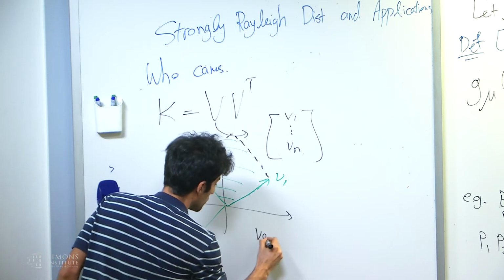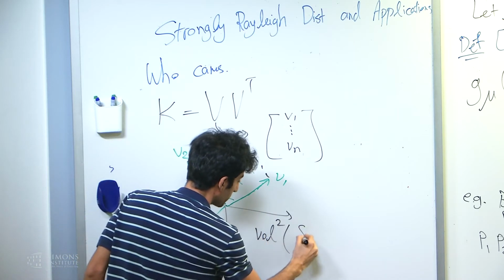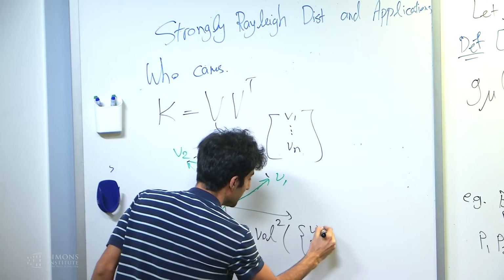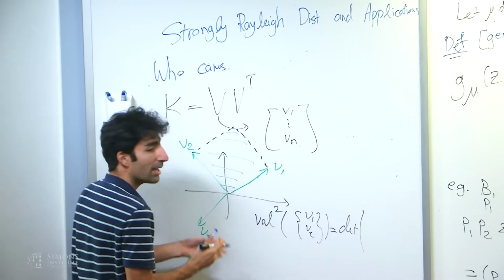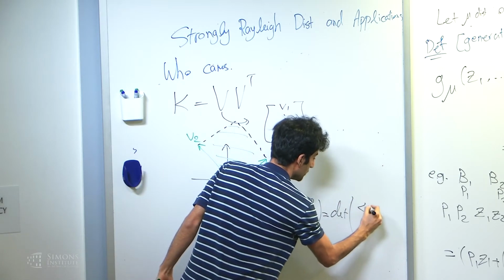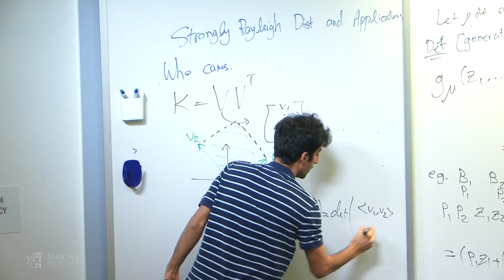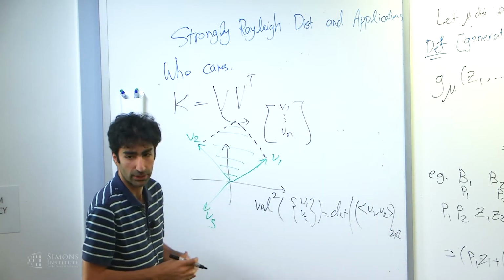So the volume squared of the parallelepiped that you get from V1 and V2, for example, is equal to the determinant of the Gram matrix of V1 and V2, the 2 by 2 matrix where the ij entry is just the dot product.